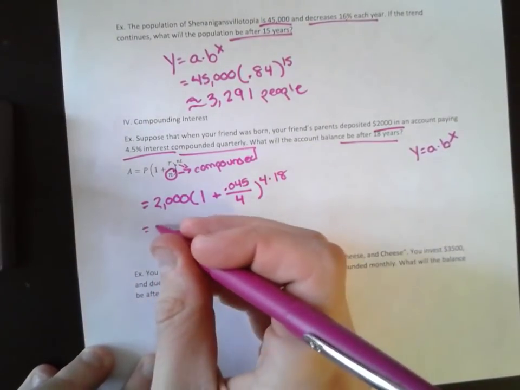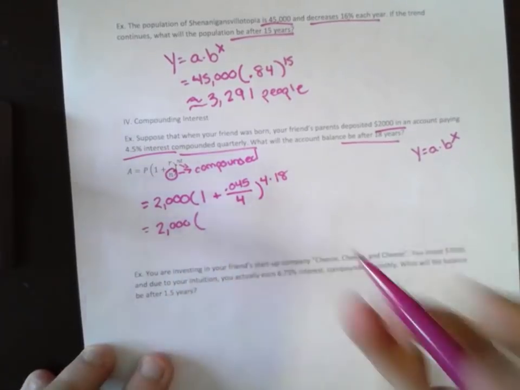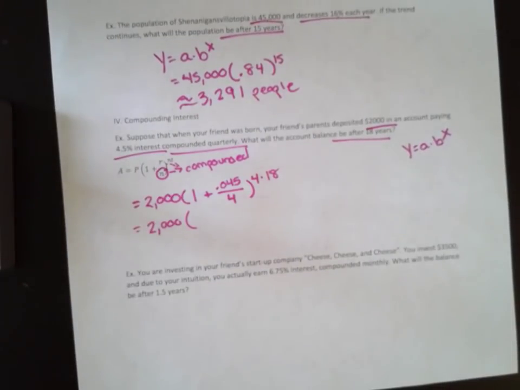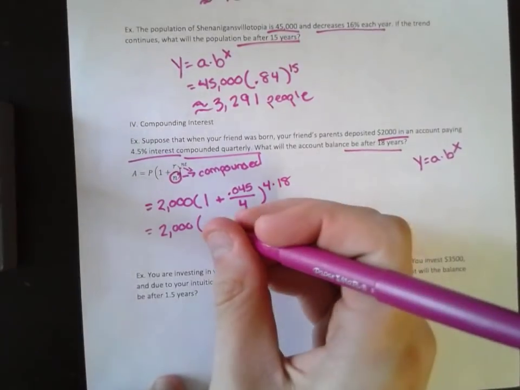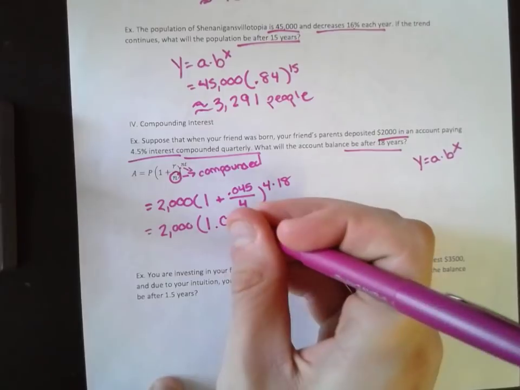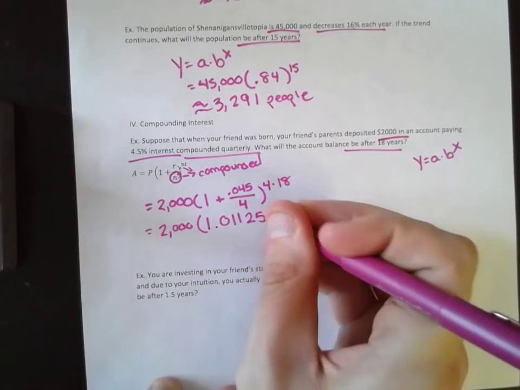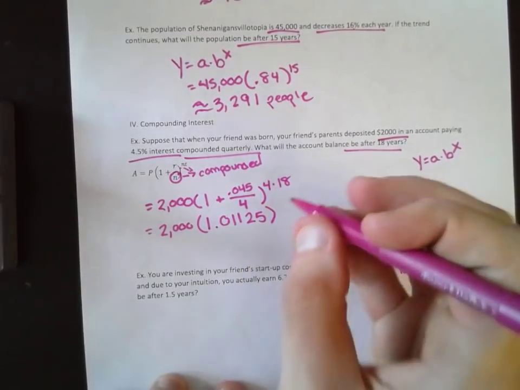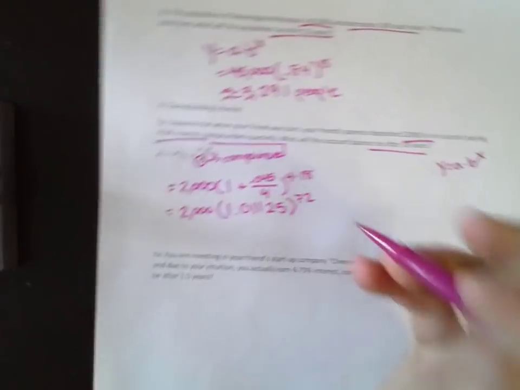So, if I do 2,000 times, I need to do 1 plus 0.045 divided by 4. So 0.045 divided by 4, I get 0.01125. I'm going to add that to 1. It's going to be 1.01125. 4 times 18 is 72.